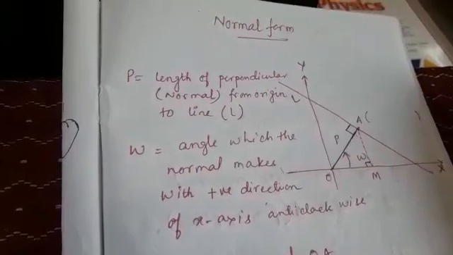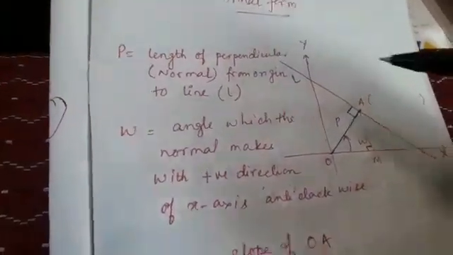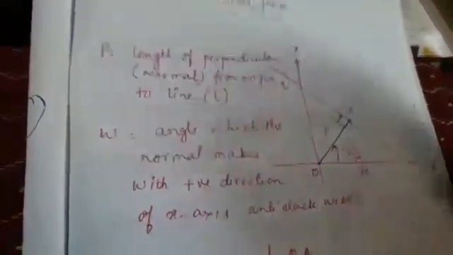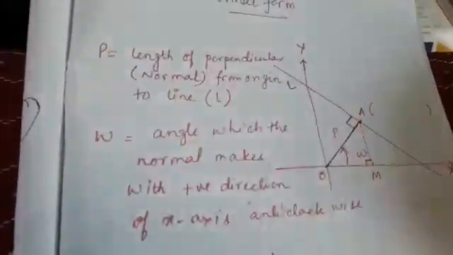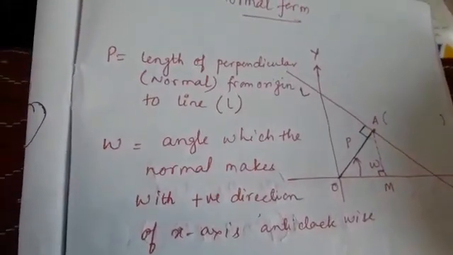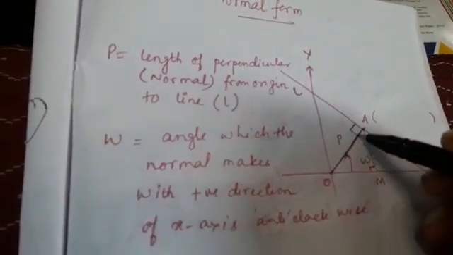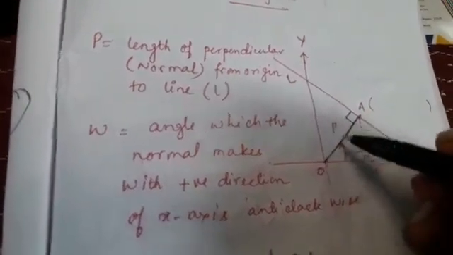First of all, you are supposed to apply the normal form when you are asked to calculate the equation of this line L, which is cutting the x and y axes, and the given condition is a normal or perpendicular from the origin to the line.